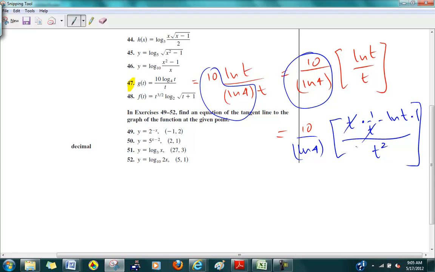So the t's cancel here, and you get 10 over ln 4 times 1 minus ln t over t squared. And that, I believe, is the answer. Okay? All right? So everybody okay on that? Yeah? Okay.